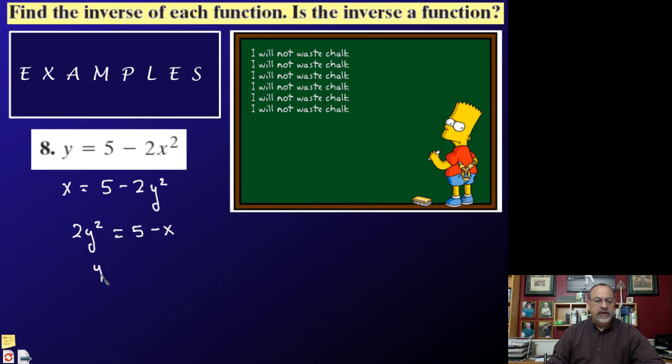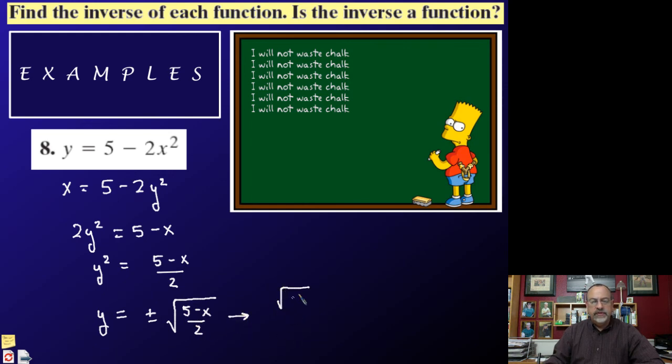And then I'm going to divide by 2. Y is equal to (5 minus x) divided by 2. And then to solve for y, I'm going to have to unsquare this, so I'm going to take the square root. Because I'm taking the square root, this is going to be plus or minus the square root of (5 minus x) over 2, and then I could rationalize the denominator.